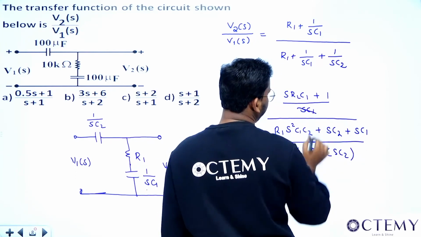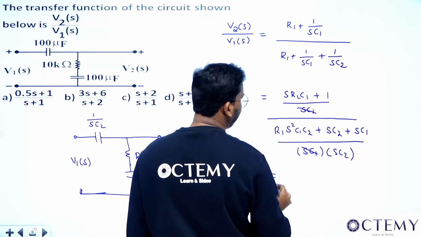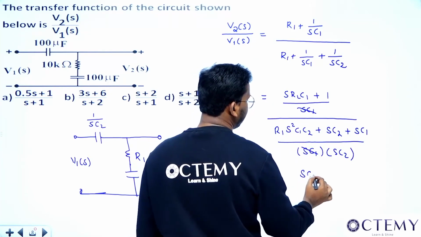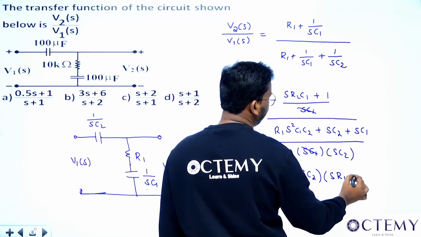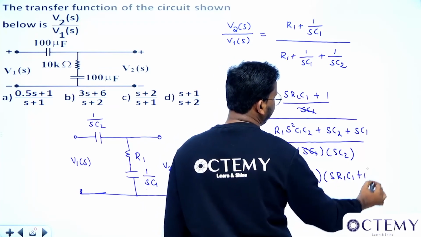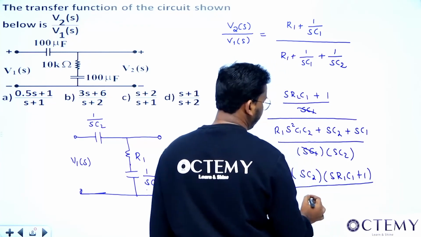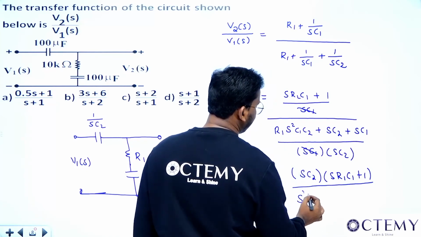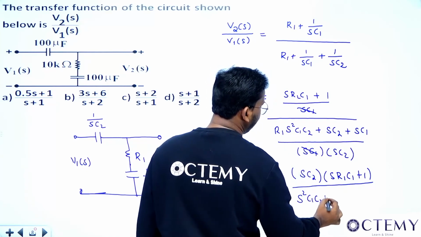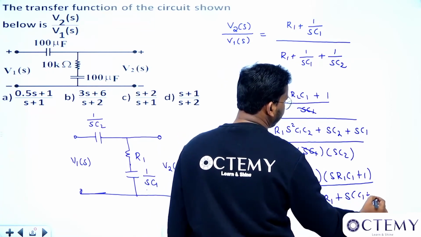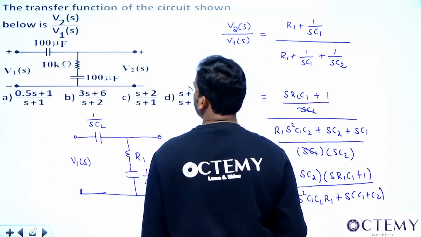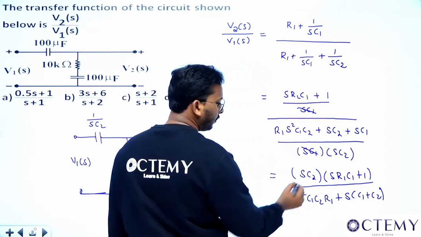Since SC1 gets cancelled, you will get the final result as SC2 into (S R1 C1 plus 1) divided by (S square C1 C2 R1 plus S (C1 plus C2)). Right? So you can cancel this S also.